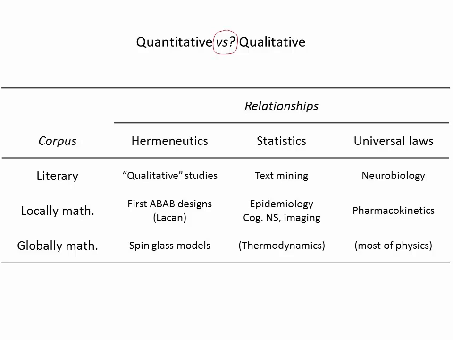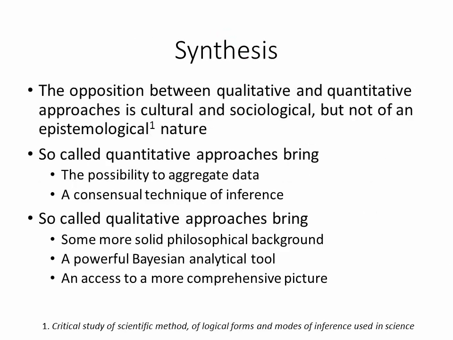And you can use hermeneutics with the literary corpus. This is called qualitative studies. You see? And so the distinction between qualitative and quantitative is not so simple. You have many ways to consider words and numbers. So, in fact, the opposition between qualitative and quantitative approach is not so simple.